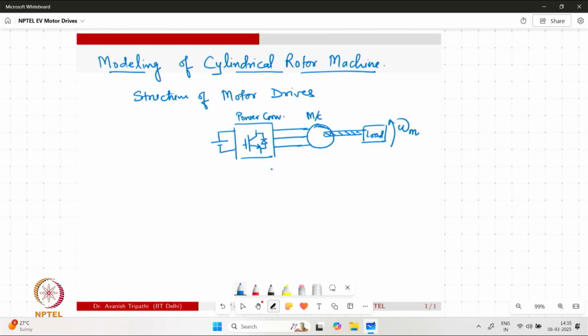Now, typically, when we are talking about a drive structure, this is the hardware that is involved with the complete system. To operate this hardware, we need another block which we can call software, which is essentially part of a control board.